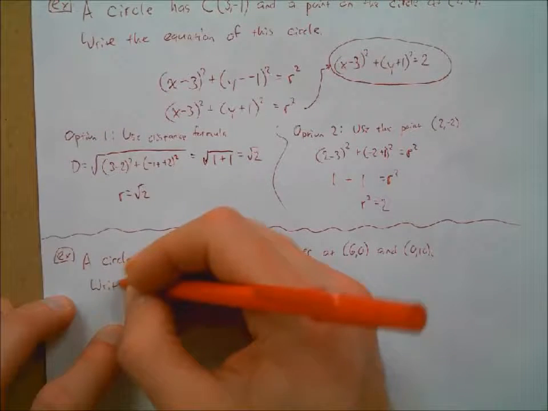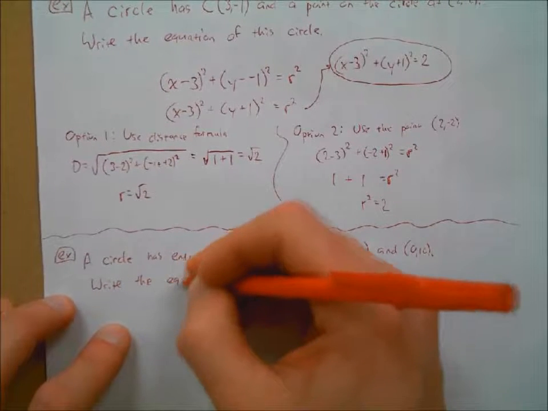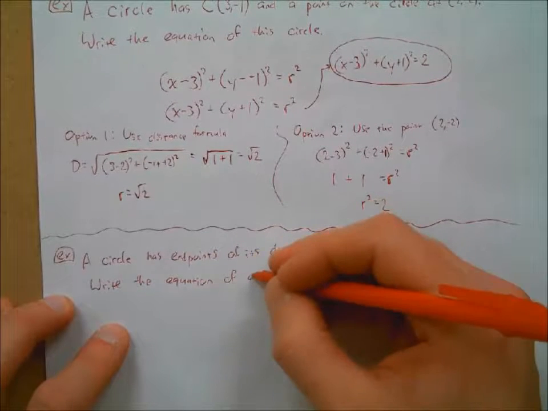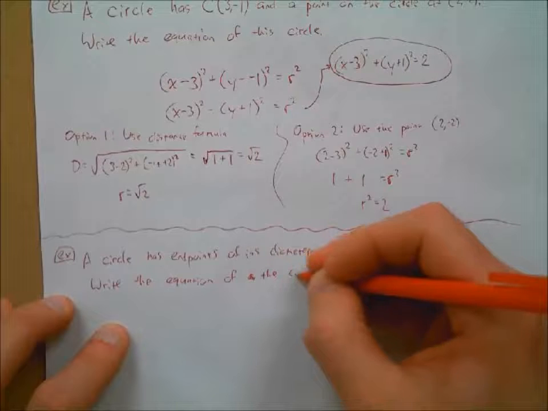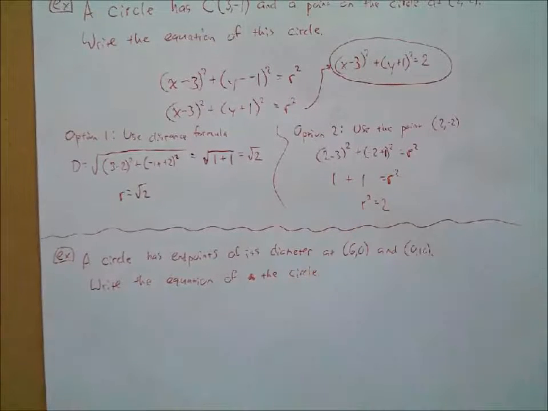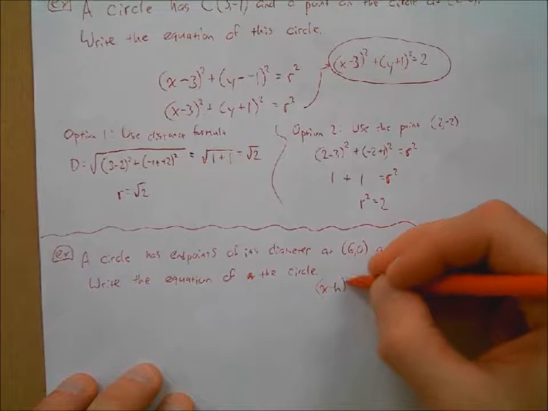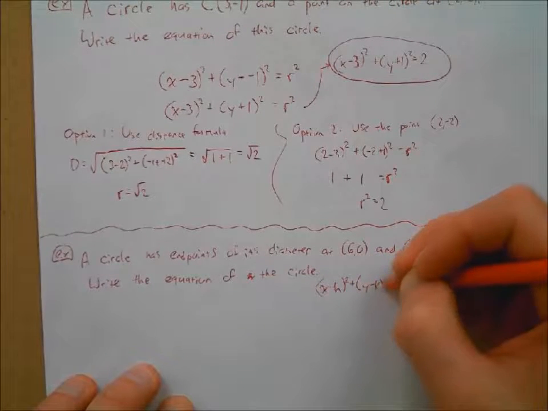Write the equation of the circle. Okay, so again, our goal is x minus h quantity squared plus y minus k quantity squared equals r squared.